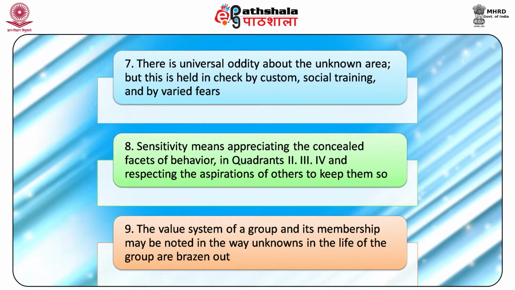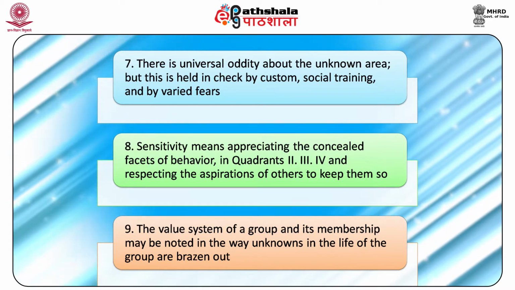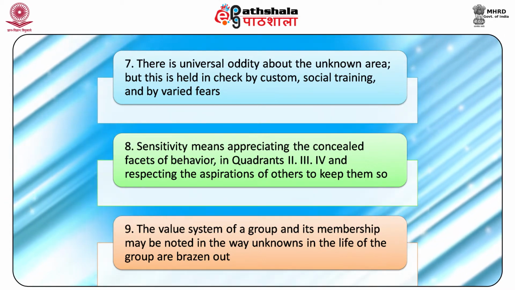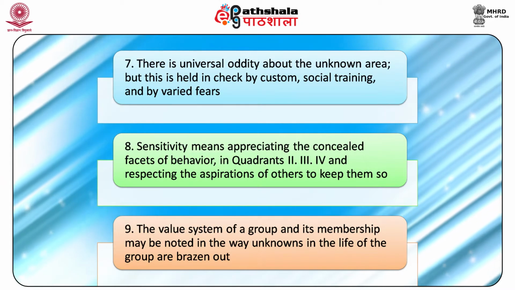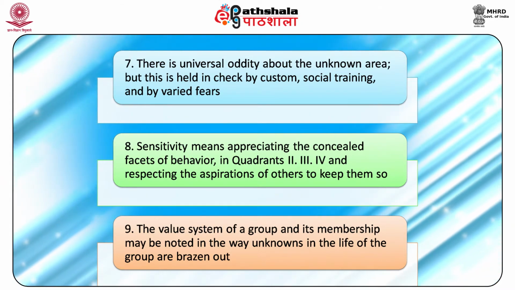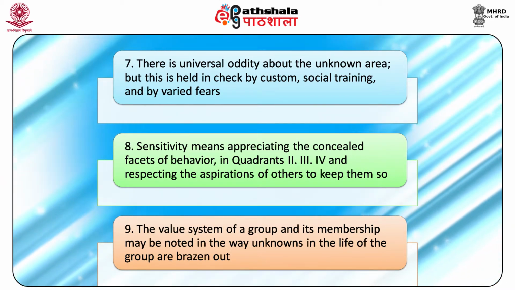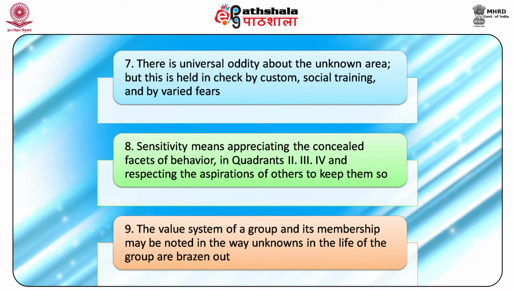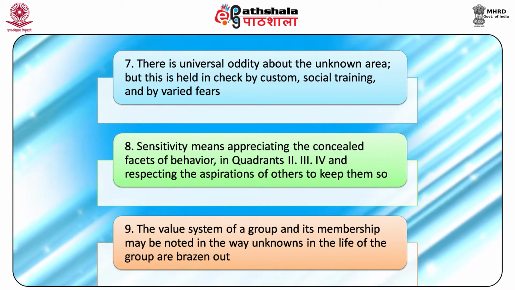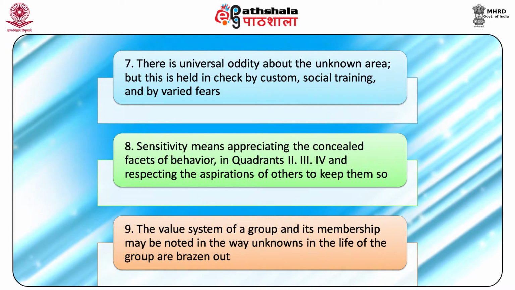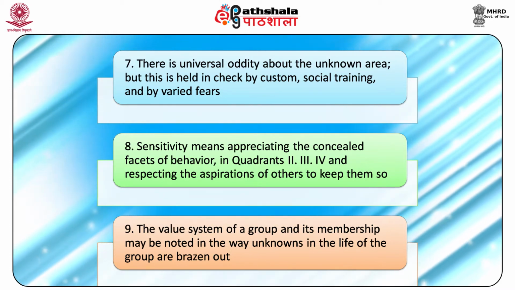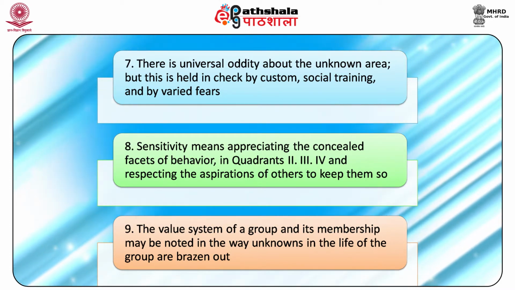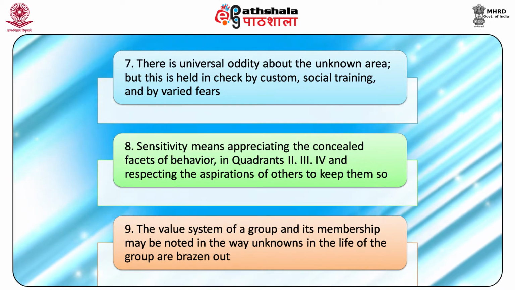Sensitivity means appreciating the concealed facets of behavior in quadrants 2, 3, 4 and respecting the aspirations of others to keep them so. The value system of a group and its membership may be noted in the way unknowns in the life of the group are dealt with.